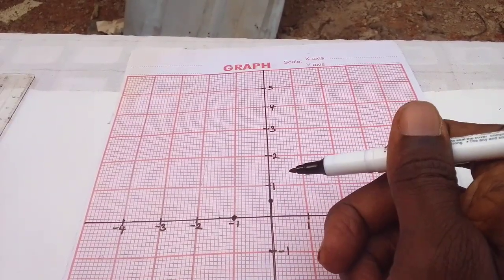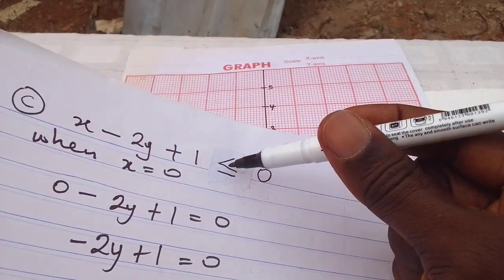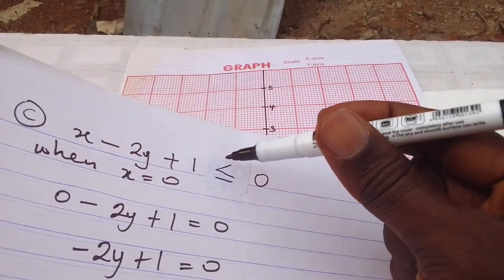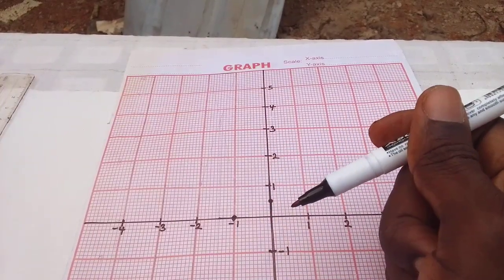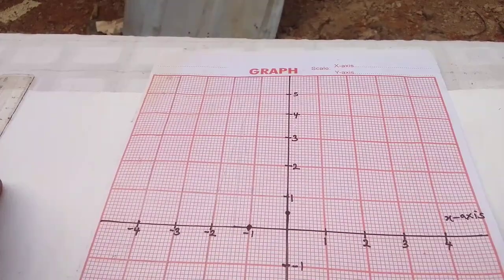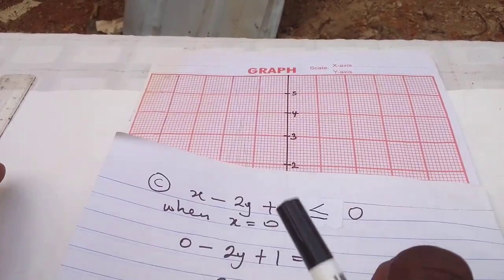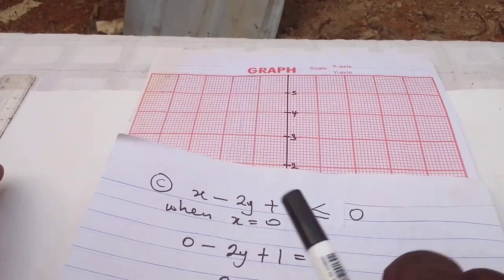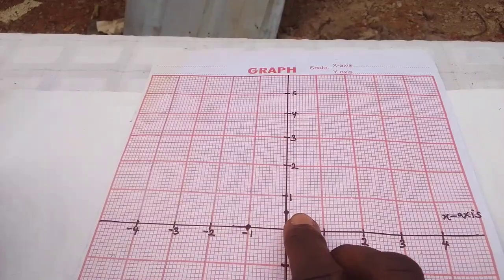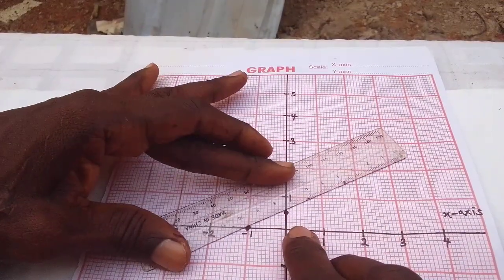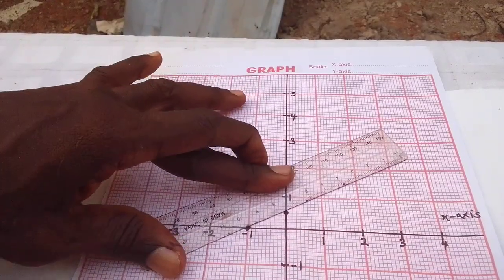Because this one has a less than or equal to sign, you join the 2 points together with a straight line.